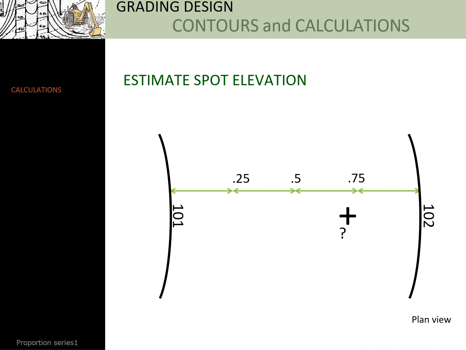In the reference of these 4 segments, since the spot is located between 0.5 and 0.75, we can be confident to say that the spot is higher than 101.5 and lower than 101.75. If you want to be more accurate, make more divisions. With the help of proportion, we would come to a close enough guess without precise measurements.